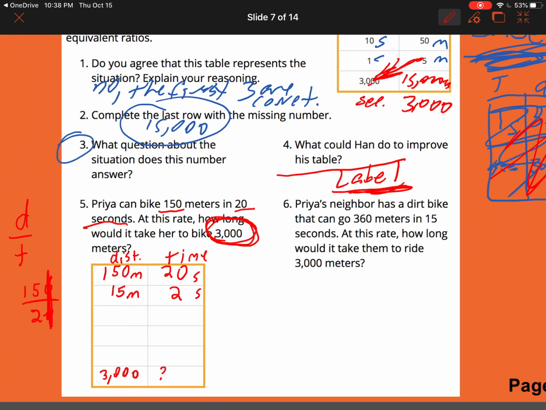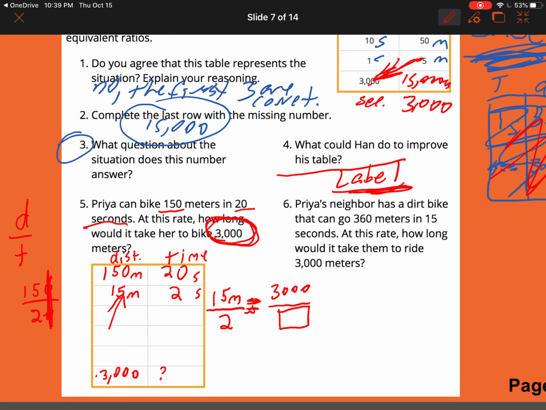So there's multiple ways you can do this. You can find our 3,000 and we can divide it by our 15. And then multiply that by 2. So I'm going to show us. We have 15 meters over 2 seconds, our distance over time, and we want that to equal, because these are all equivalent, our distance of 3,000 over how many seconds.